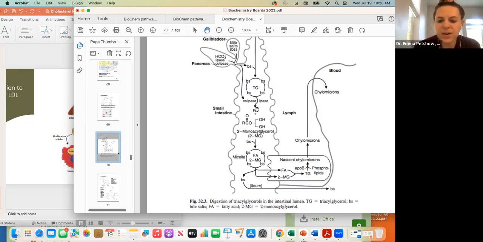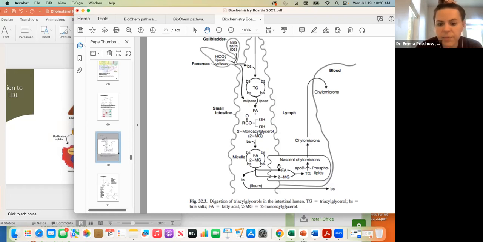Those components, our fatty acids and our monoacylglycerol, are combined in a micelle. A micelle is that fatty cell that has the phospholipid layer, and it protects the fats on the inside. So it's going to combine these two products of our triacylglycerols into a micelle, and that's going to be taken up into the actual digestive lumen, into these intestinal cells, to be absorbed.